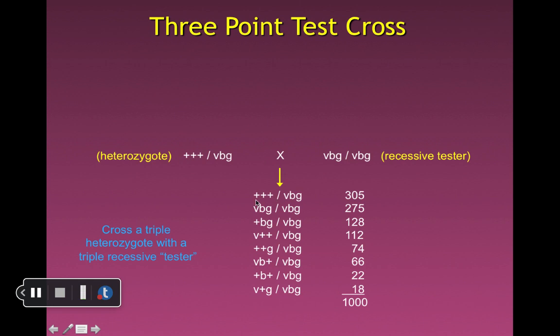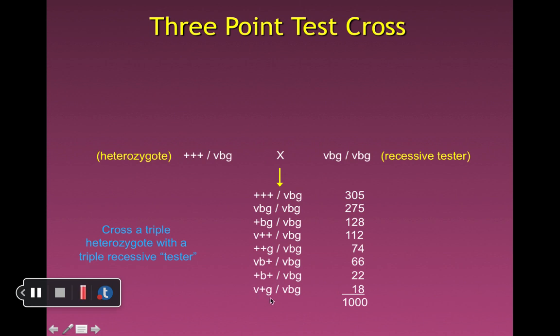So for example, if you compare this top parental genotype, so plus, plus, plus, with this genotype here, the second from the bottom, so plus B plus, which allele has been switched? Well, go back up to the parents and imagine if you flip this B and this plus, that would give you plus B plus, and that's what we have here.